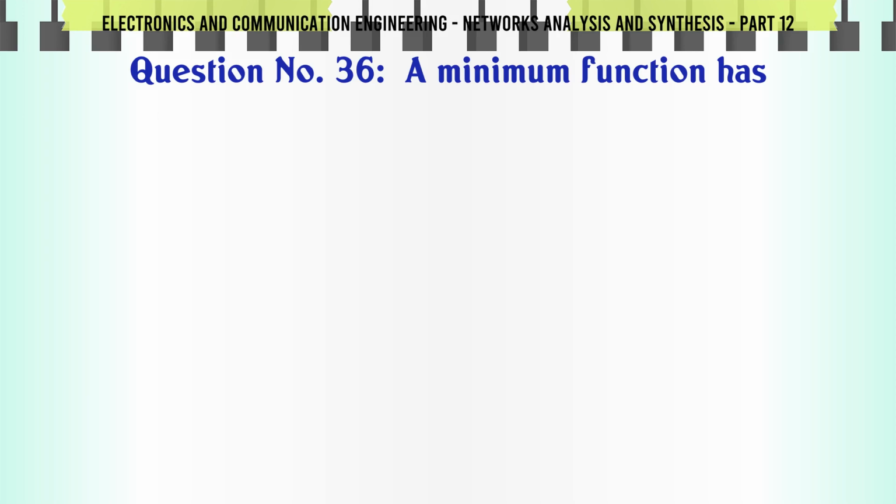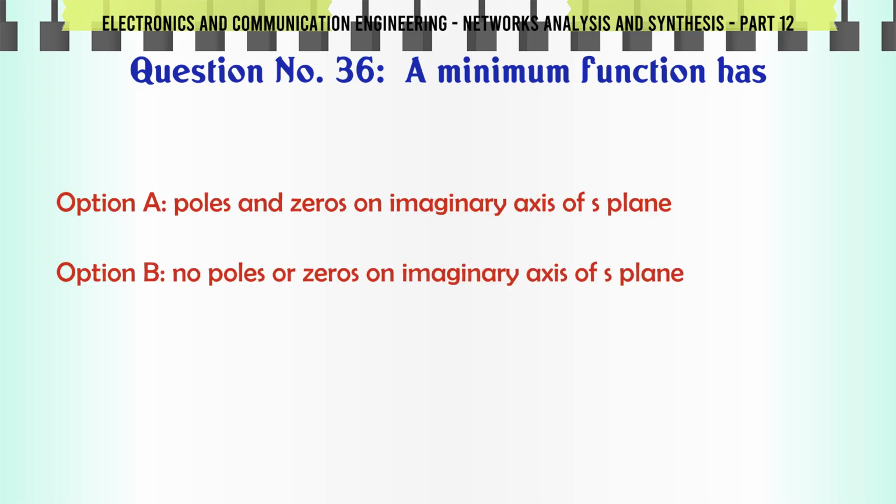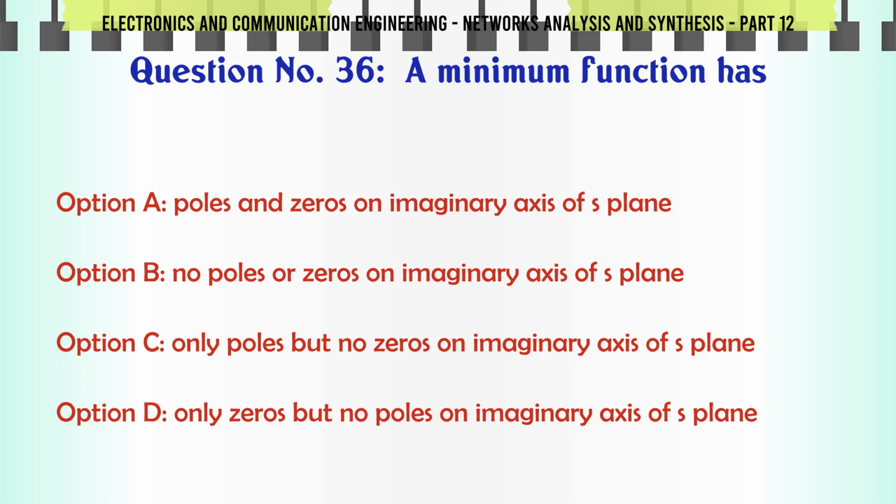A minimum function has A) poles and zeros on the imaginary axis of the s-plane, B) no poles or zeros on the imaginary axis of the s-plane, C) only poles but no zeros on the imaginary axis of the s-plane, D) only zeros but no poles on the imaginary axis of the s-plane.